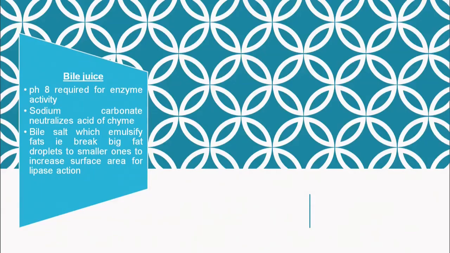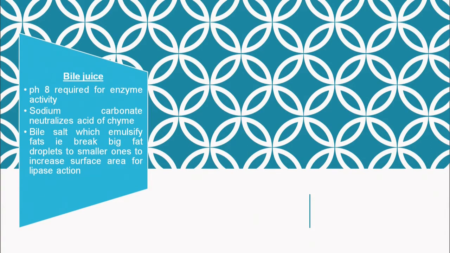What is the composition of the bile juice? In the stomach, the pH was acidic, but once the bolus moves from the stomach in the form of chyme to the intestine, for the activity of enzymes, the pH that is required is around 8.